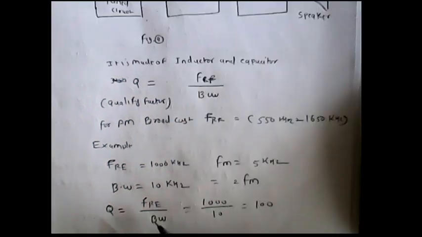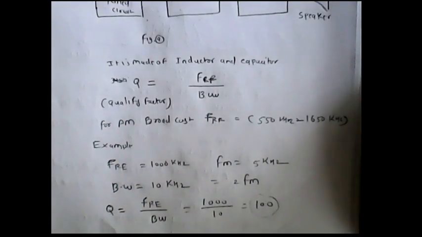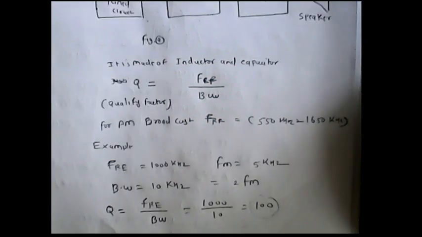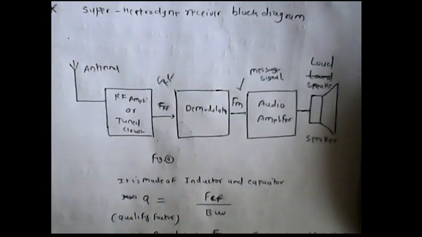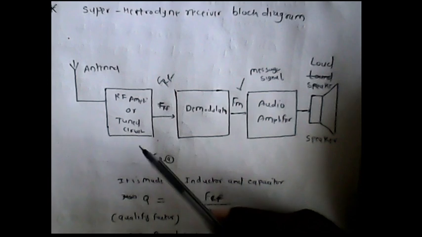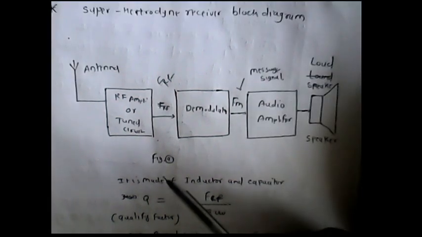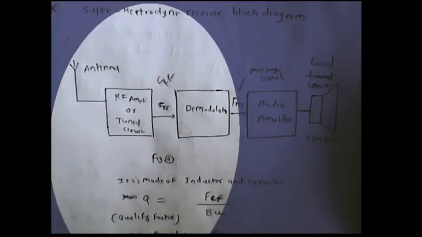So radio frequency 1000 kHz, bandwidth 10 kHz, so the quality factor is 100. Such a very high quality factor makes it very difficult to design a radio amplifier.